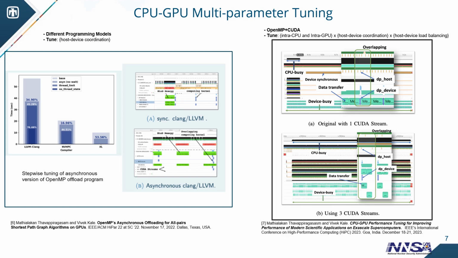Now, if we look at the application timeline diagrams, we can see how the overlap is happening when we go from the LLVM synchronous version to the asynchronous version. And so this here is just tuning the host device coordination, and we do so across different programming models and OpenMP implementations. More information can be found in this work at SC22's HiPAR 22.